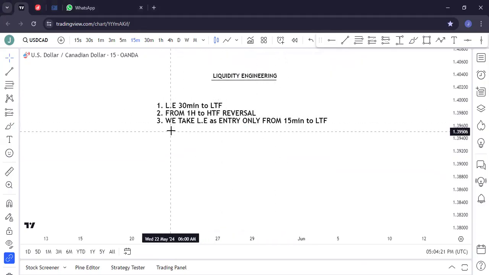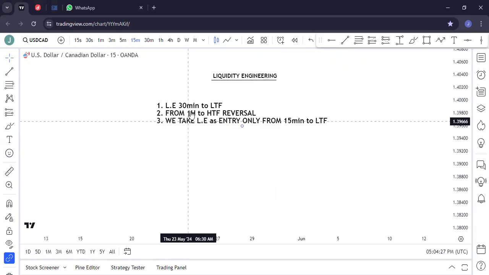Now, the first characteristic of liquidity engineering is that it is called liquidity engineering only when it starts from 30 minutes to lower time frames.